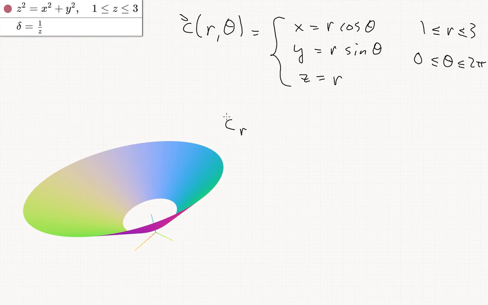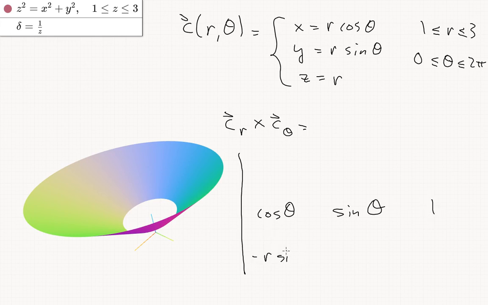Okay, so now C r cross C theta is, let's see, so cos theta sine theta 1, and then negative r sine theta r cos theta 0, i j k.